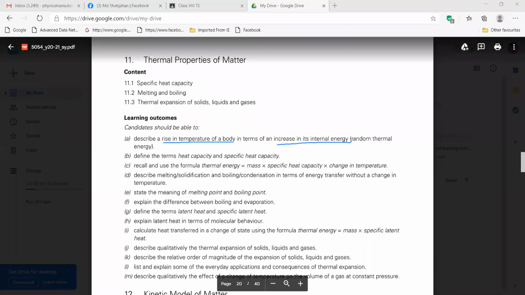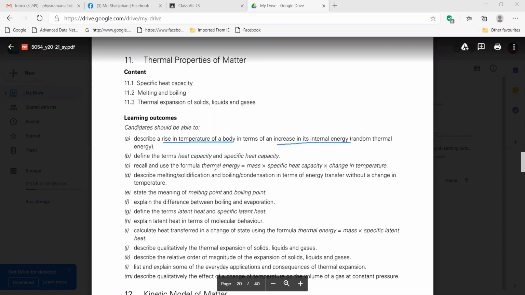Now next, heat capacity and specific heat capacity. Continue. Heat capacity, the ability of any object to increase its temperature by 1 degree Celsius by giving it 1 joule heat energy is called heat capacity. So according to the definition, we are getting one formula here.